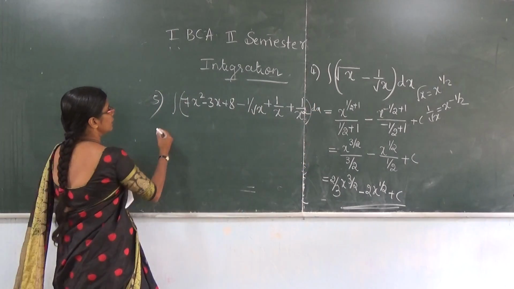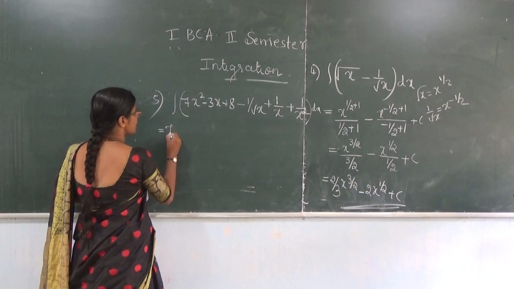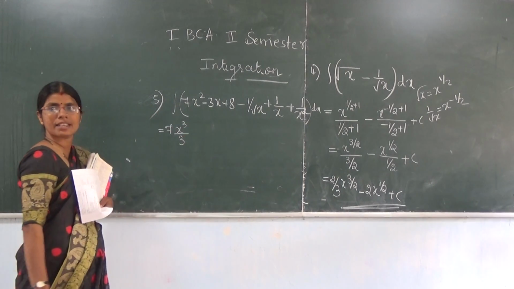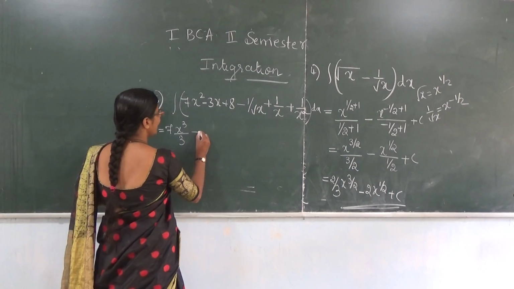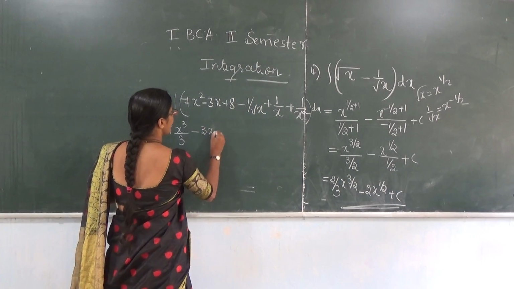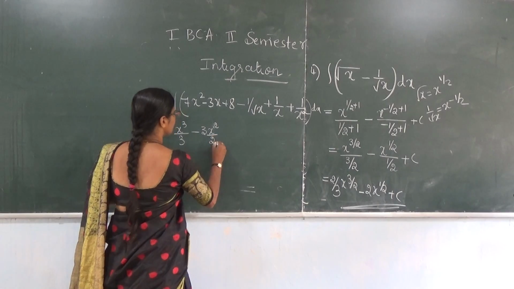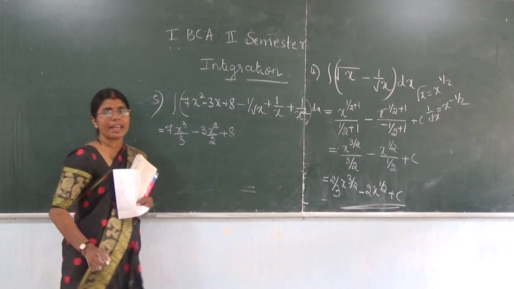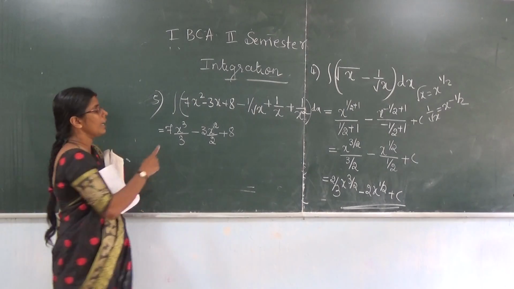So first is 7 constant, x square is x cube by 3, minus 3 into x square by 2, plus 8. Already I told there is no x means x to the power 0, and you have to consider the integral is x.